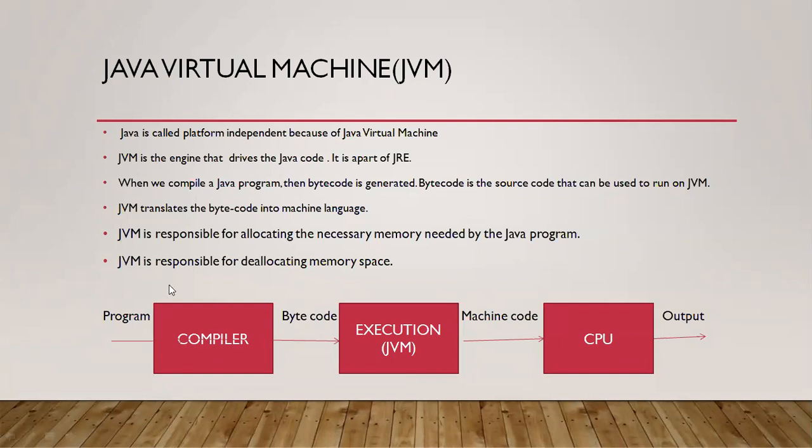And coming to the last point, JVM is responsible for deallocating memory space. Yesterday we discussed robustness: Java is strong enough because of two important features, exception handling and memory management.